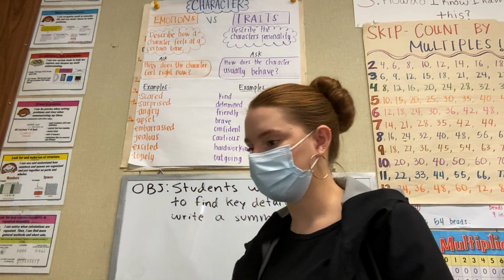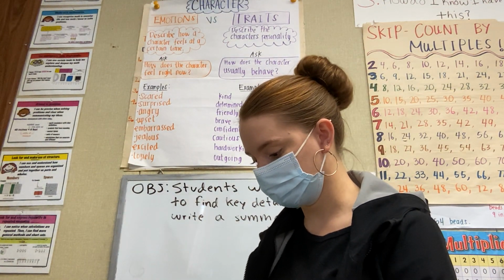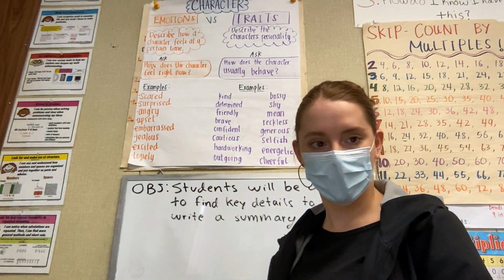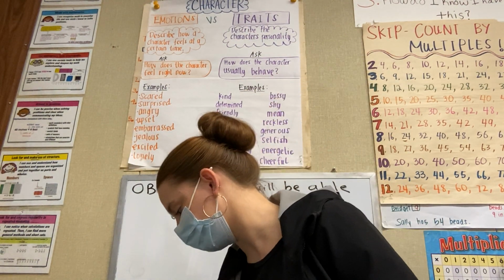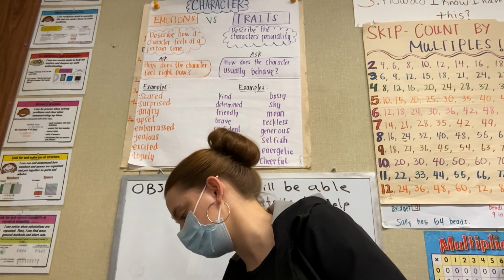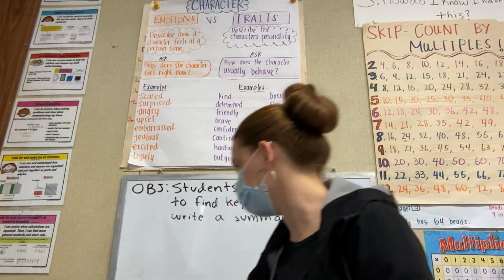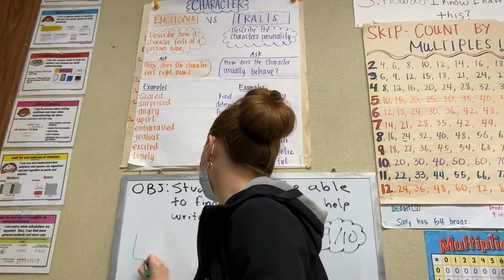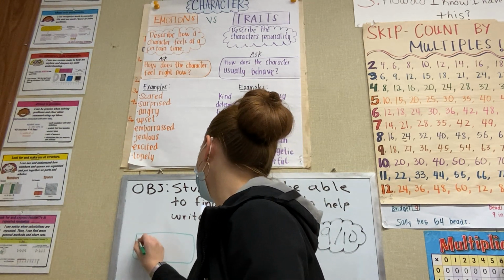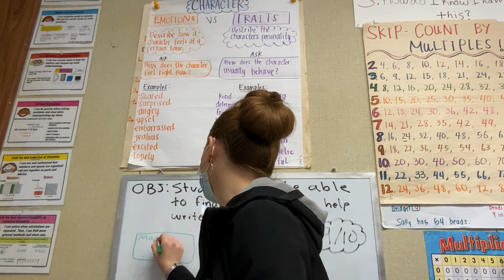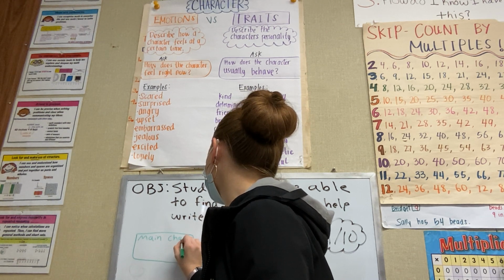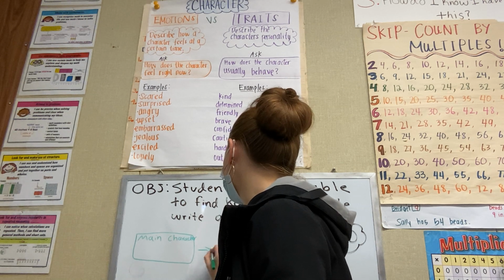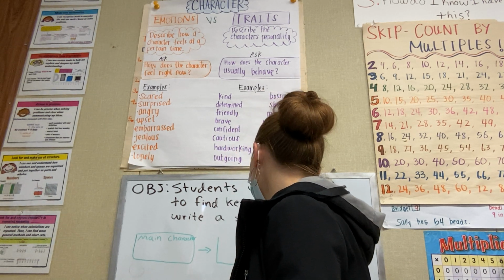Okay. I'm going to start setting up our graphic organizer so we can start with that part, because that's actually writing our summary, right? So I had it out. Here it is. So we're asking for characters, right? The main character.